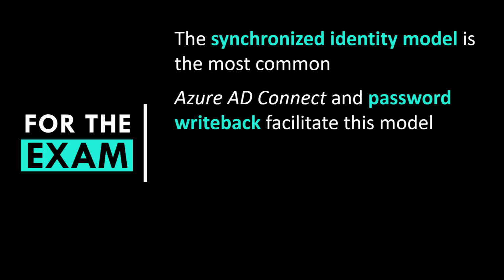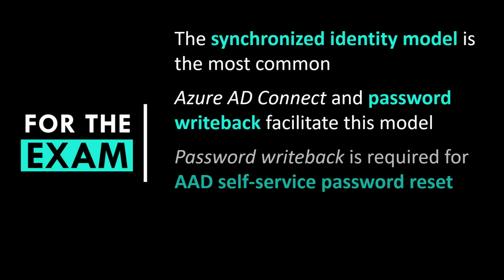Azure AD Connect and password writeback really facilitate this synchronized identity model. Azure AD Connect is our engine for synchronization. Now, password writeback comes into play as a key component when we implement Azure AD self-service password reset.